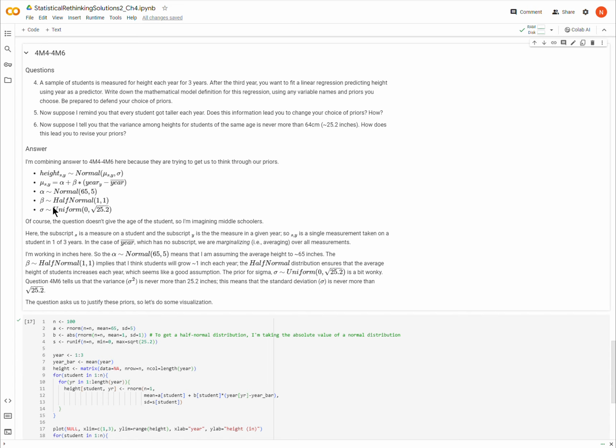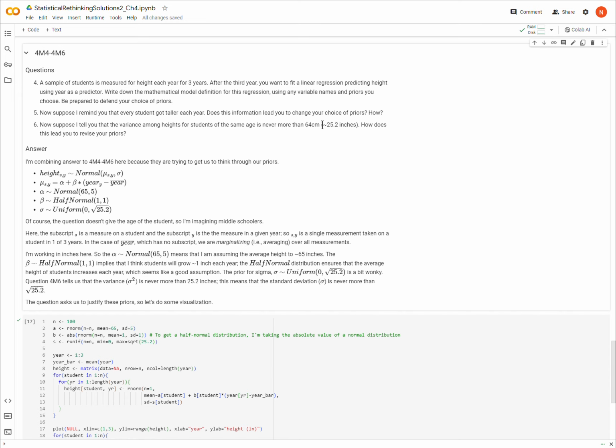Okay? And then finally, for the standard deviation of height, I'm using a uniform distribution that has a minimum value of 0 and a maximum value of square root of 25.2. How do I come to that? It's because question 4M6 tells us that the variance is never more than 64 centimeters.